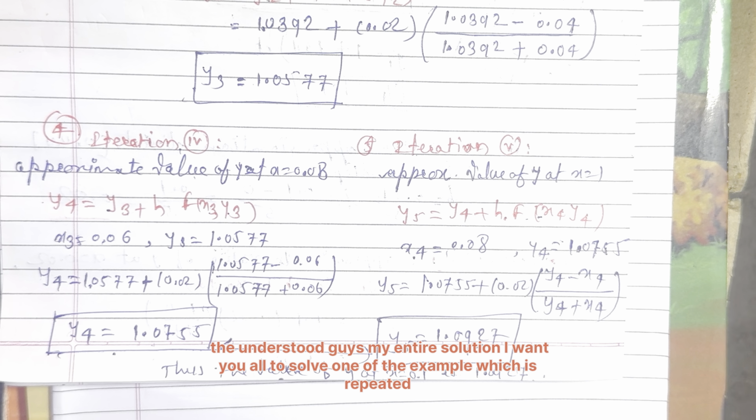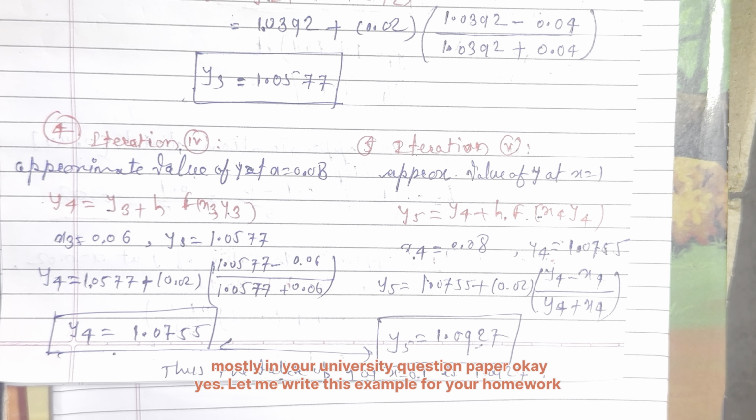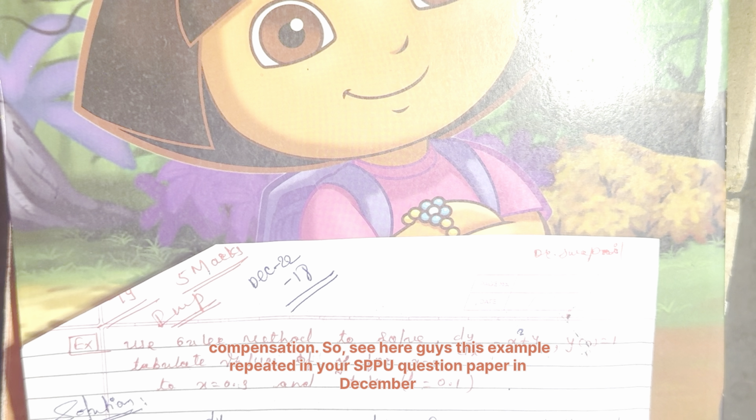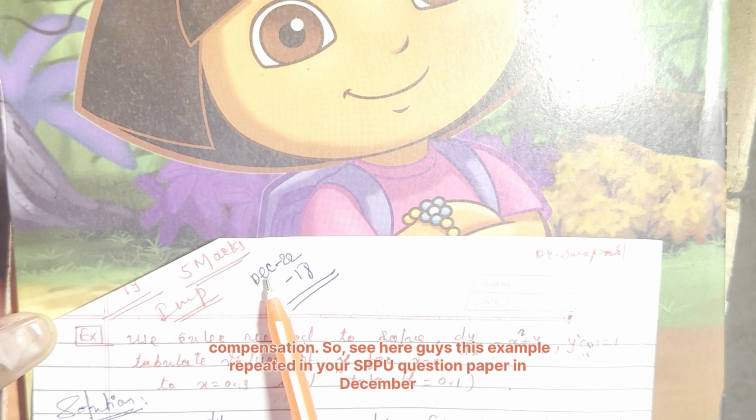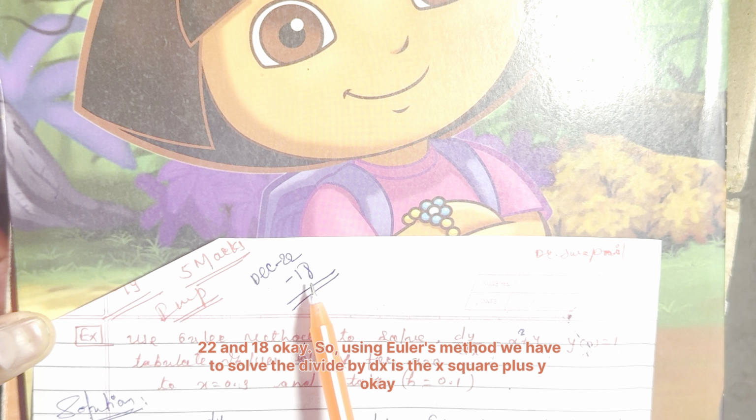I want you all to solve one of the examples which is repeated mostly in your university question paper. Let me write this example for your homework. Practice this example, and comment me the answer in my comment section. This example repeated in SPPU question paper in December 22 and 18.